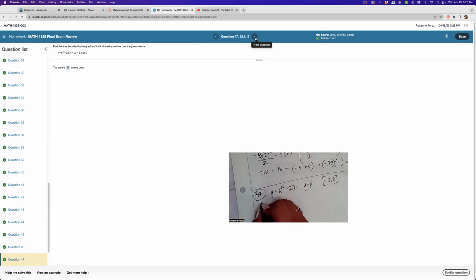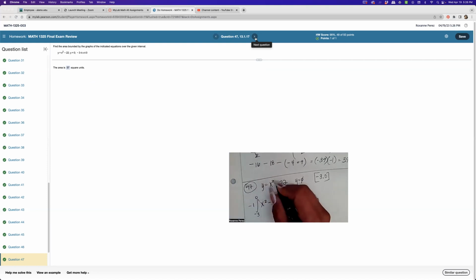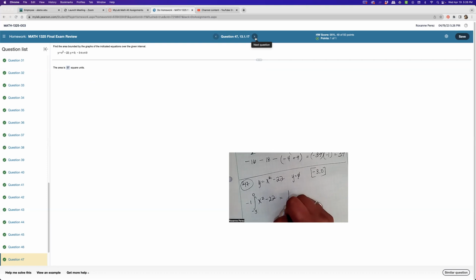So we're going to take -1 times the integral from -3 to 0 of the function x squared minus 22, which equals x cubed over 3 minus 22x.